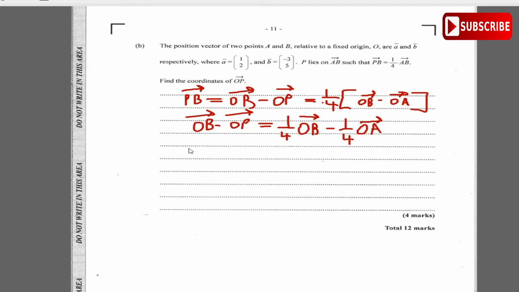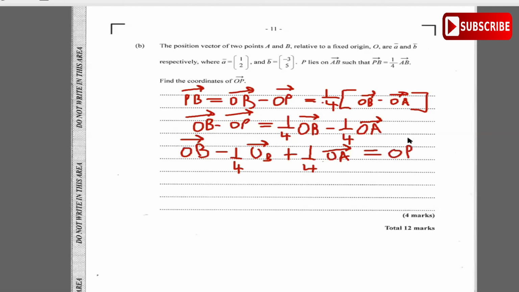What we're going to get is OB, and I'm going to bring over a quarter OB to get minus a quarter OB. Then I'm going to bring over the minus a quarter OA to get plus a quarter OA, and that's equal to vector OP.